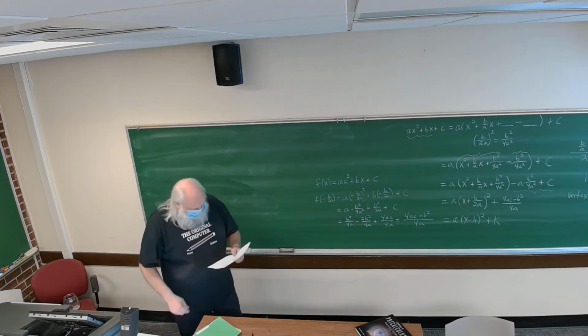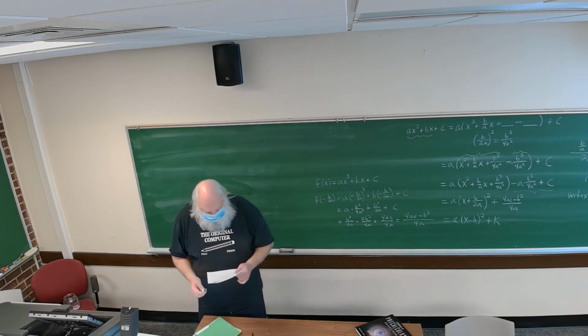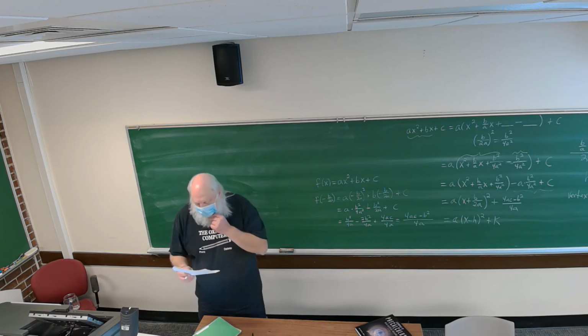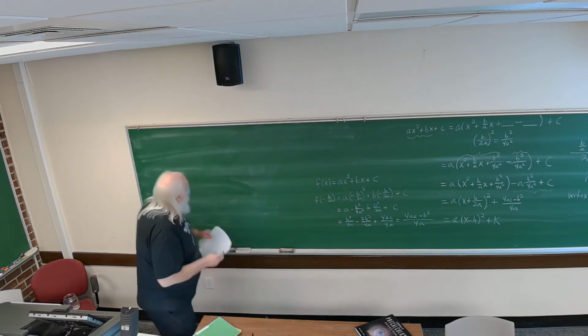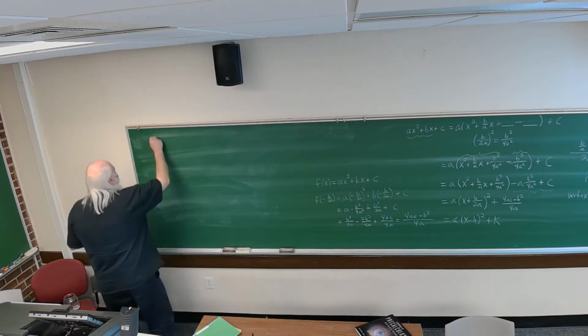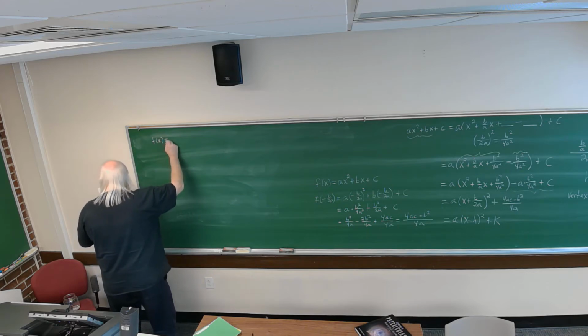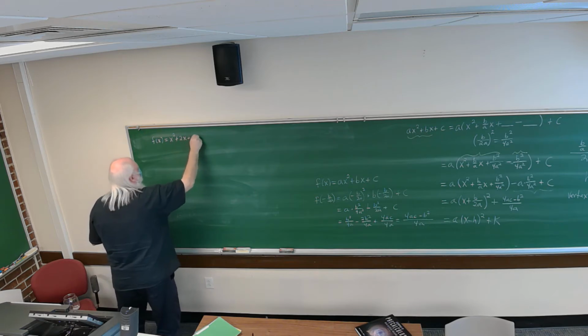Use the completion of squares to express the quadratic function in standard form. State whether the function's graph opens upwards or downwards. Find the vertex and sketch the graph of the given function. In A we have f of x is equal to x squared plus 2x plus 5.